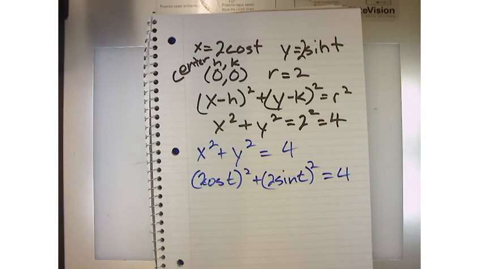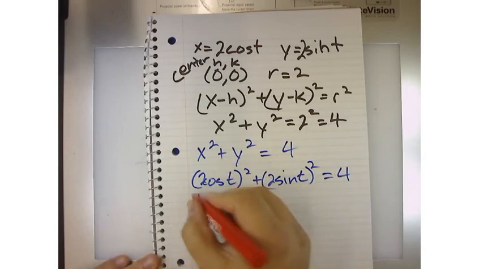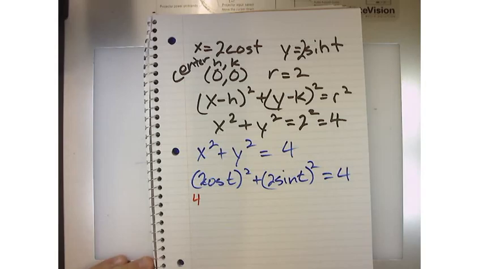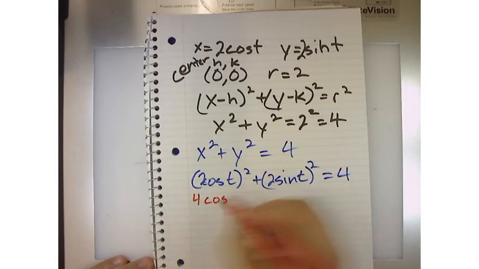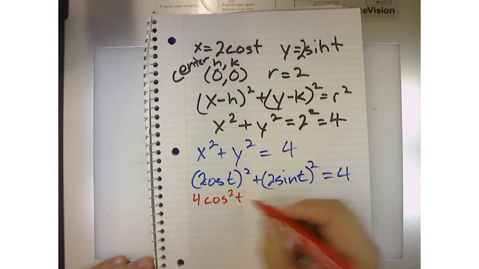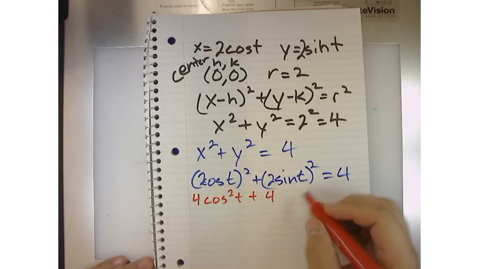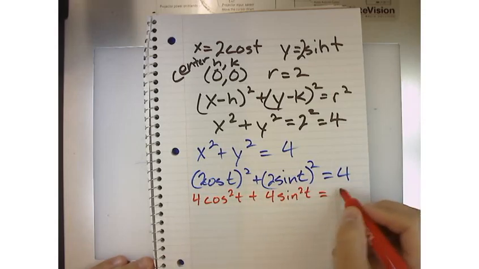Okay, so far so good. Well, when I square that, really what I get is 4 cosine squared of t plus 4 sine squared of t equals 4.